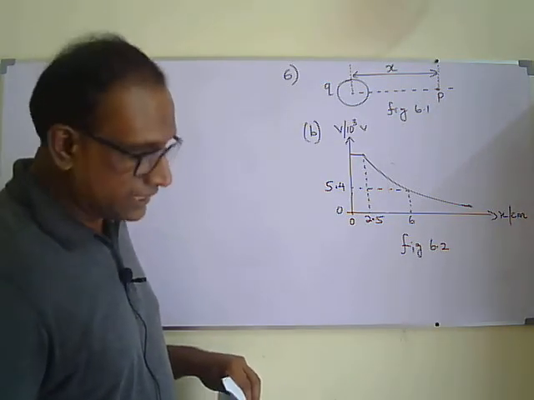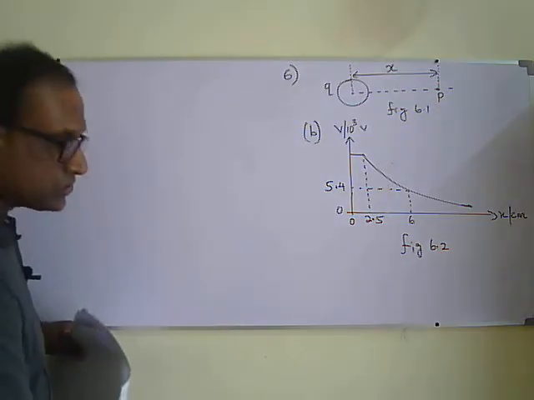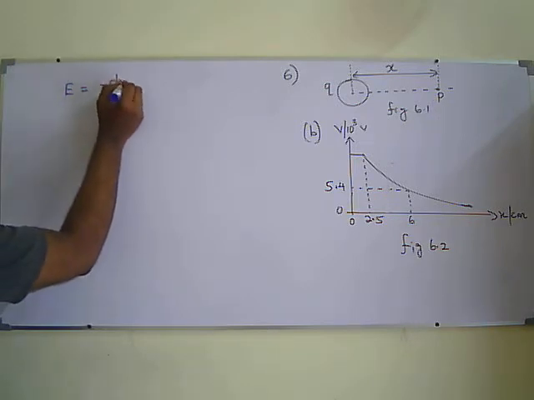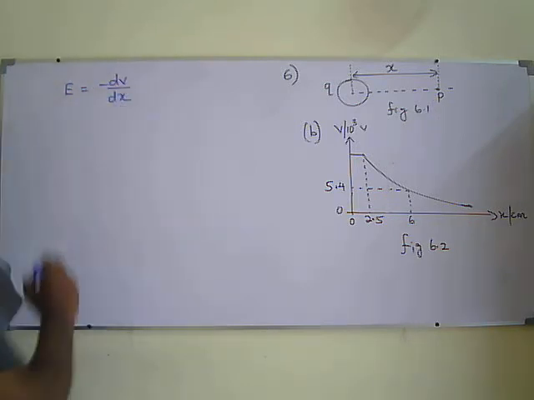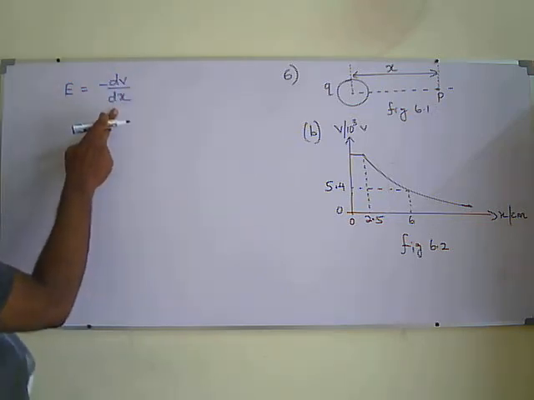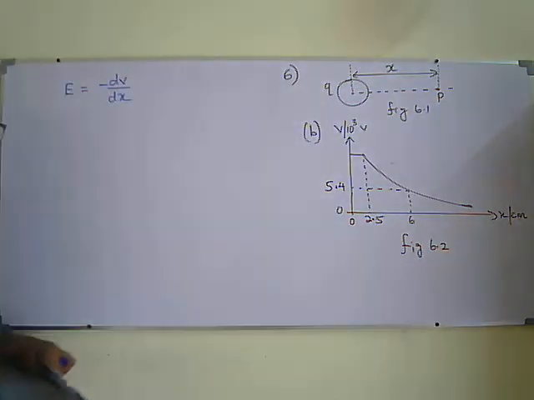First method, I already told you in my previous lessons also. Electric field strength E is equal to minus dV over dx. Anyway, you don't have calculus, but you know that is the gradient of the tangent of the voltage-x graph.